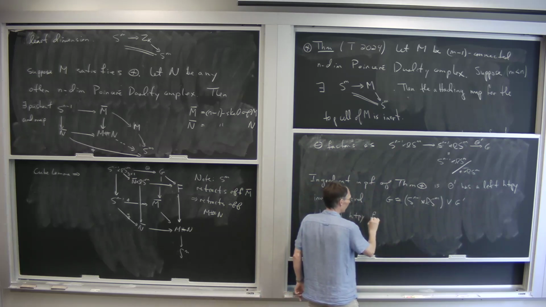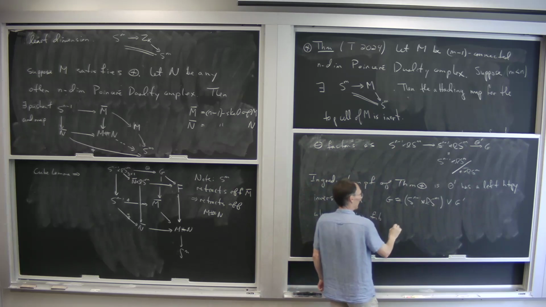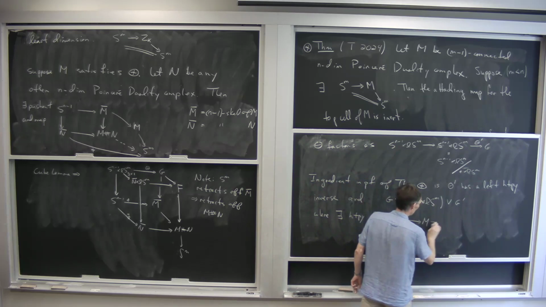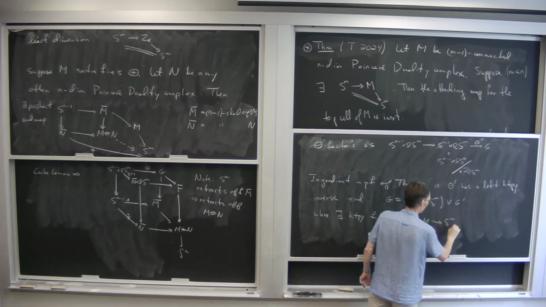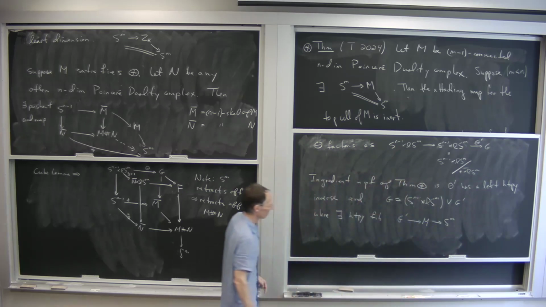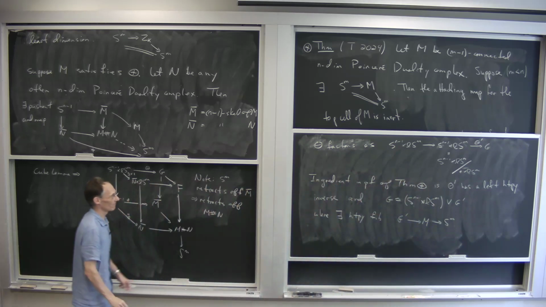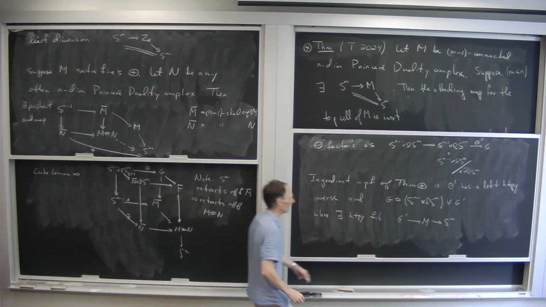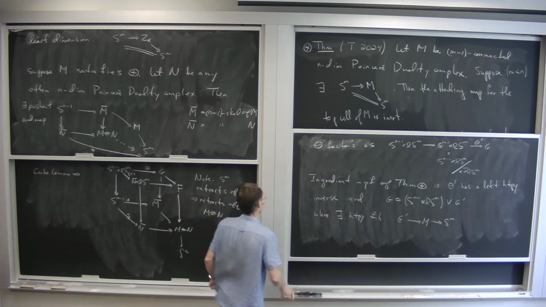Where G prime is the fiber of M into SM. All right, so this is sort of mysterious. It's an ingredient in the theorem.